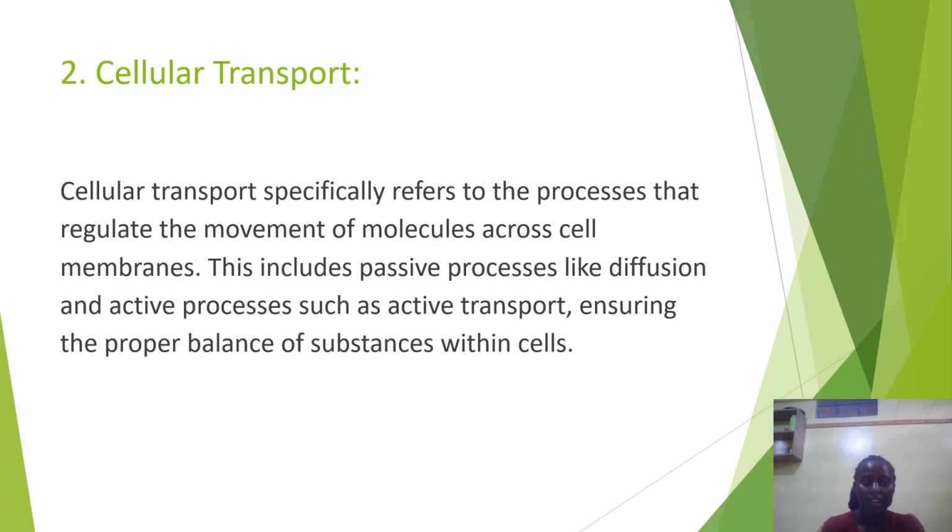There is no need of repeating the meaning of diffusion because I've already said it. And also active processes, such as active transport. This ensures proper balance of substances within the cells.